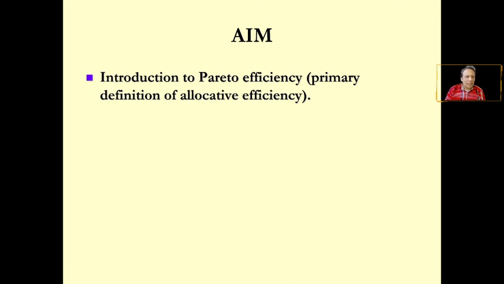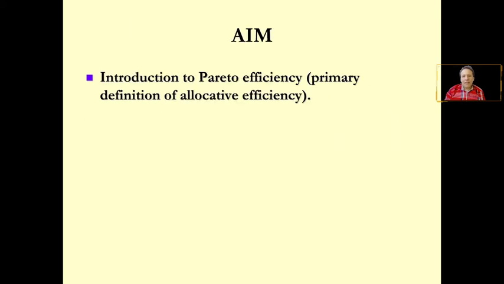Right, so this leads us to the concept of Pareto efficiency, or the primary definition of allocative efficiency. We previously have seen how the costs and benefits led us to the idea of how to choose a certain project, because the higher the difference between the benefits and costs, I think that is going to be the best resource allocative efficiency.